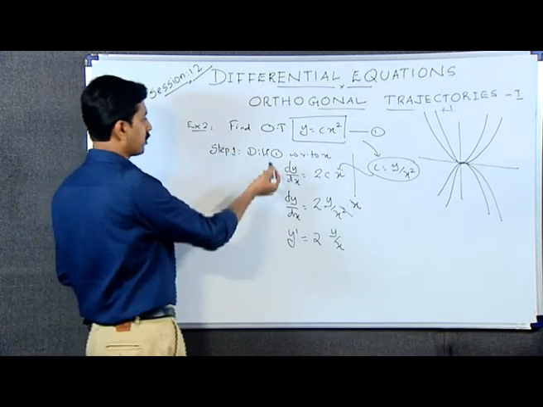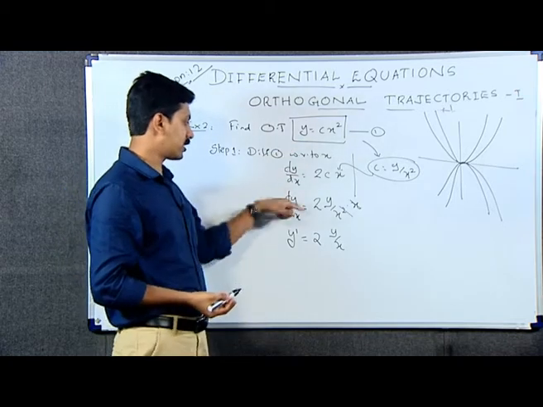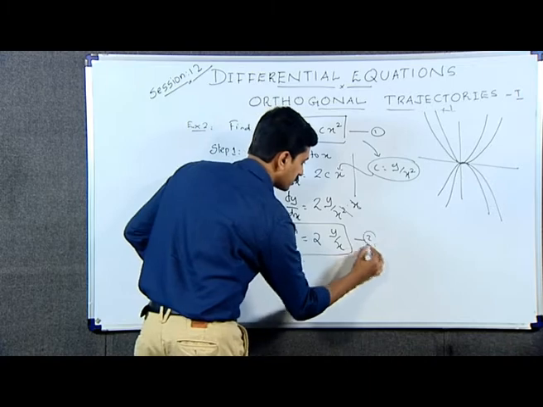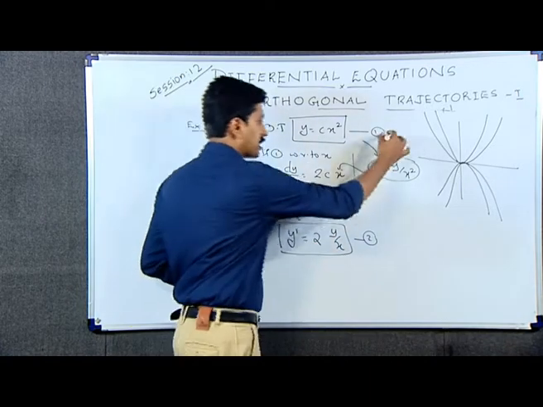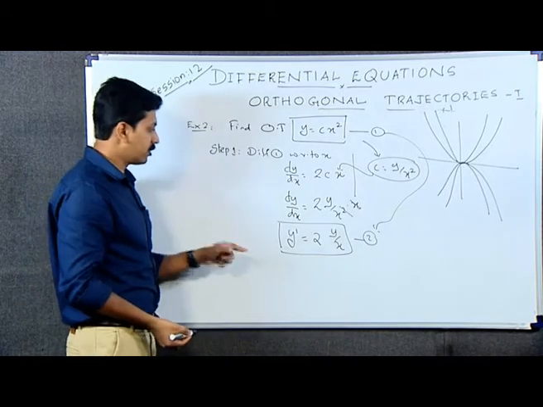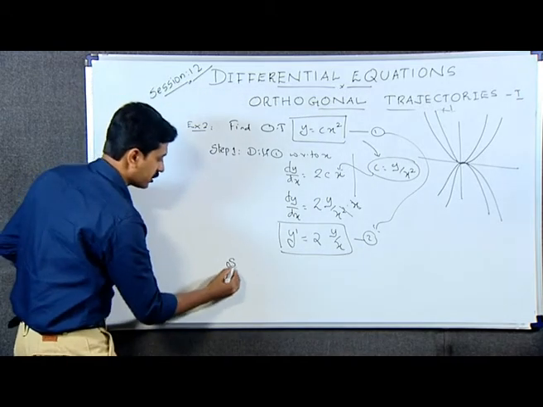Now, our step 1 is over, where we have got a new differential equation. This equation number 2 is the differential equation corresponding to equation 1. Now, we can move to the next step.